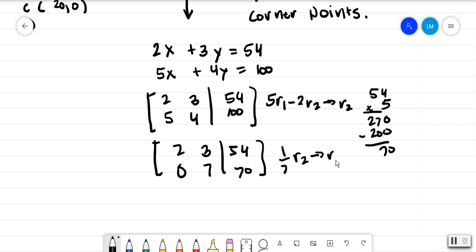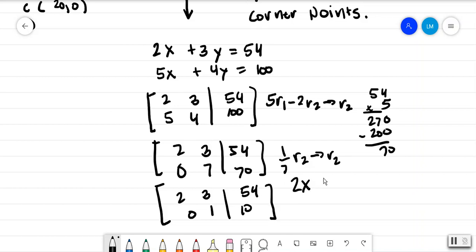Okay, now we can solve by dividing by 7 or multiplying by 1/7. But notice that that gives you 2, 3, 0, 1, and then it gives you 10, and then 54. Now, I'm going to just say that I have 2x plus 3y equals 54. But what was y equal to? It's equal to 10. So I have 2x plus 3 times 10 equals 54.